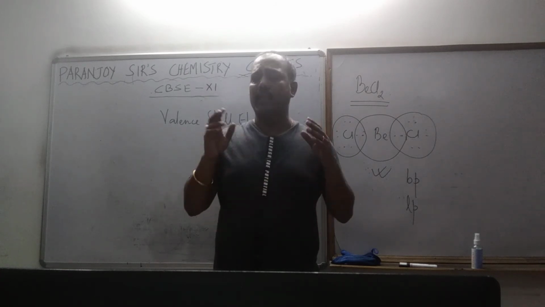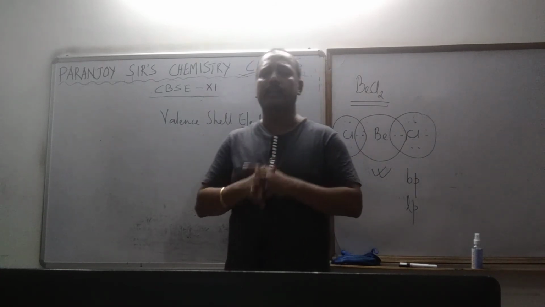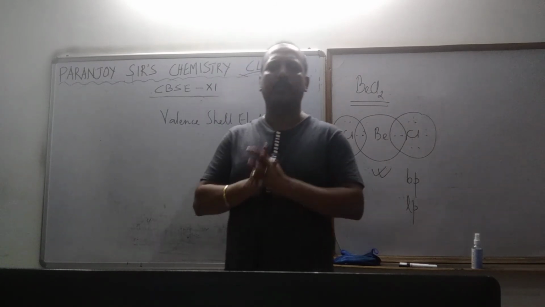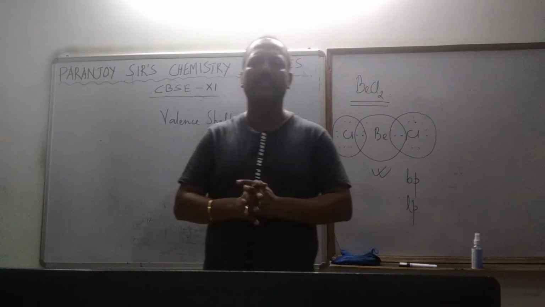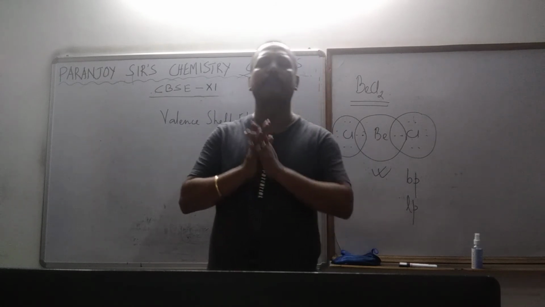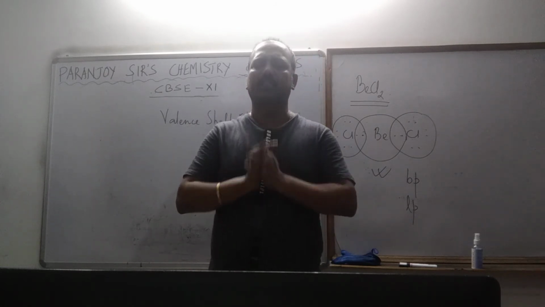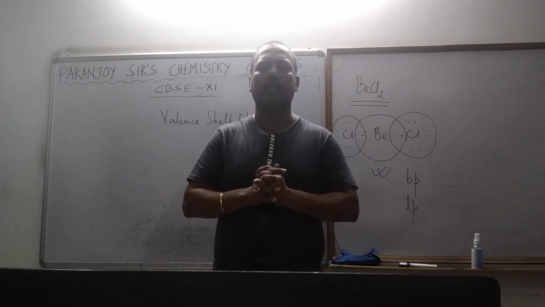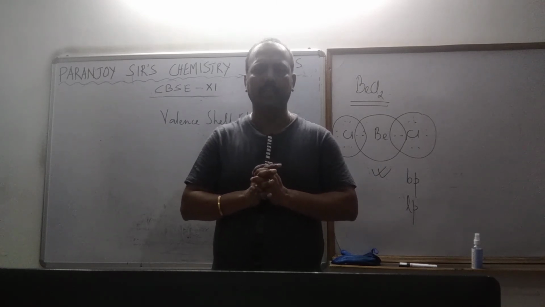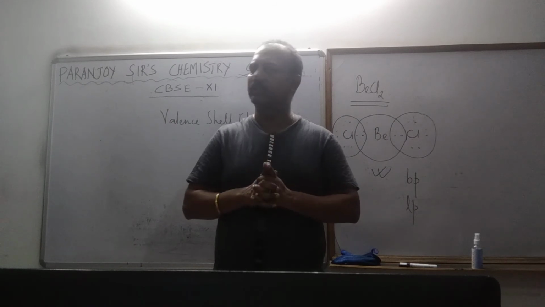So, according to this theory, the pairs of electrons, whether bond pair or lone pair, will place themselves on the surface in such a way that the force of repulsion is minimum. That's the first point.